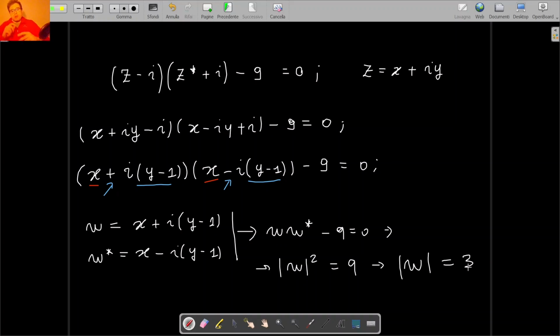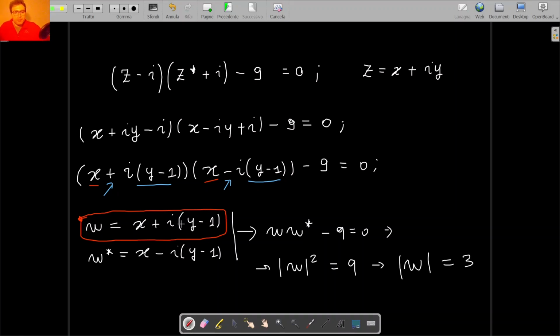So we have understood that the set which nullifies this whole expression is a circumference of radius 3, but we now have to determine where the center of this circumference is. But we can see it here, because we have to remember that our number is x plus i, which multiplies y minus 1.